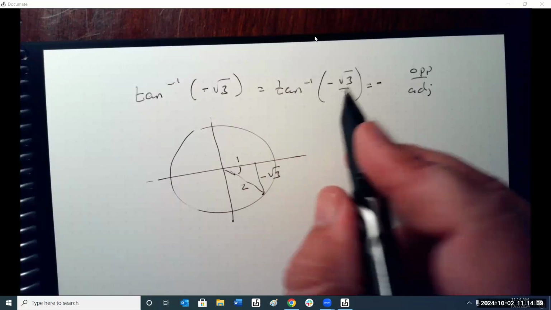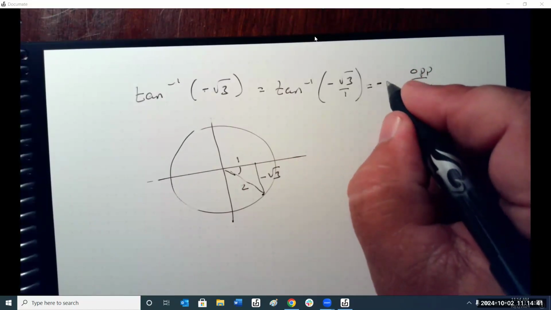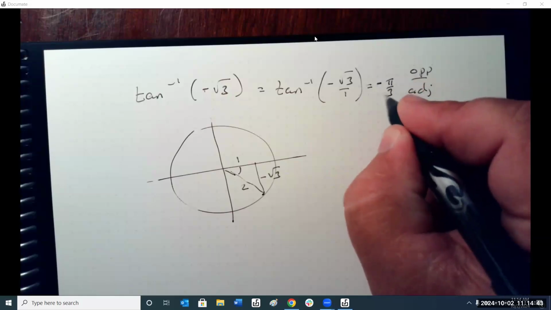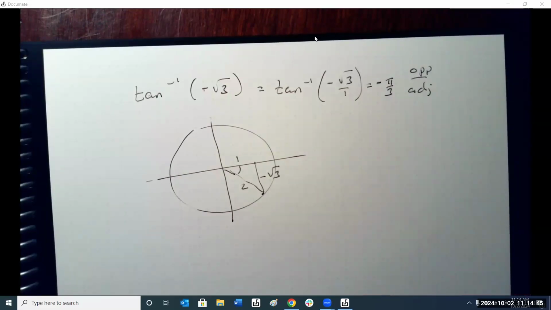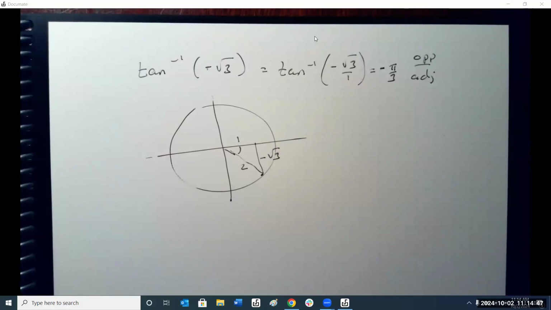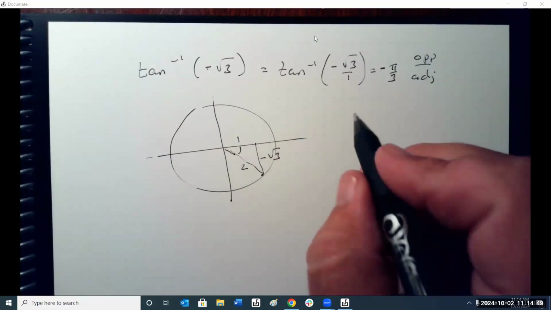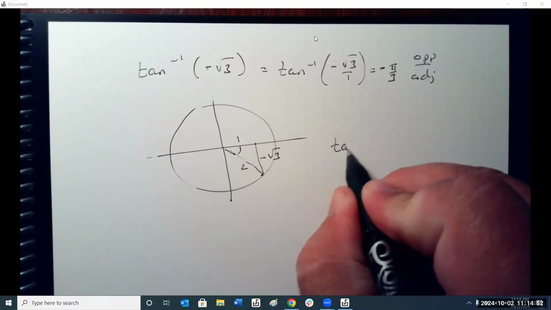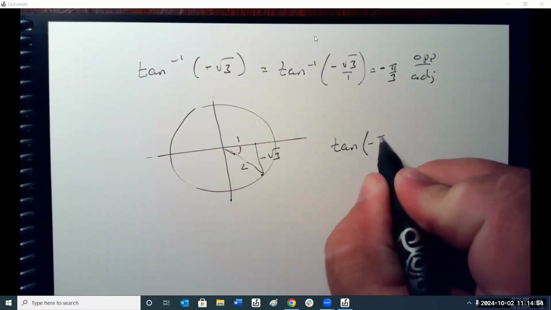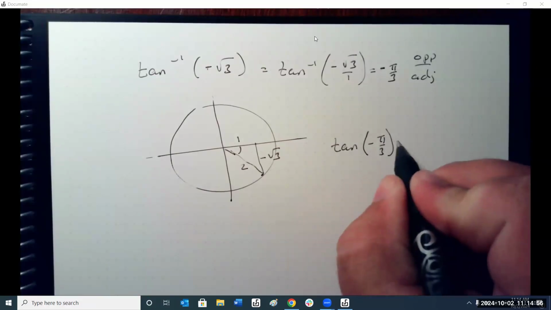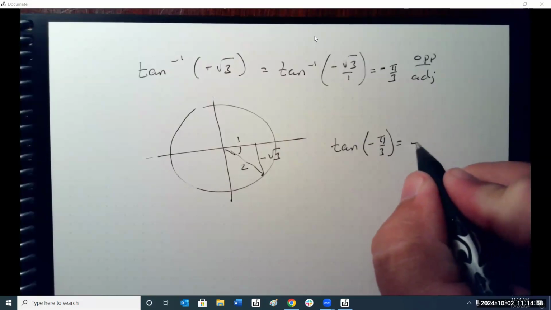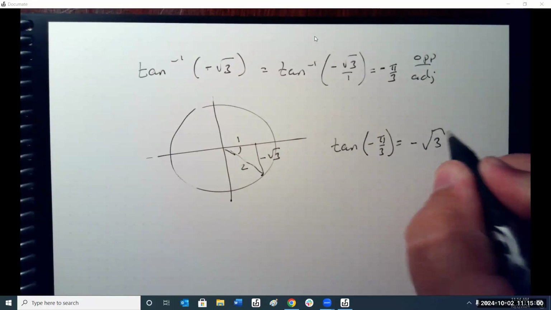Tangent of negative pi over 3 makes it negative. I mean, radical 3 is pi over 3, but that's how I always remember it. So let's test it. If we do tangent of negative pi over 3, that equals negative radical 3.